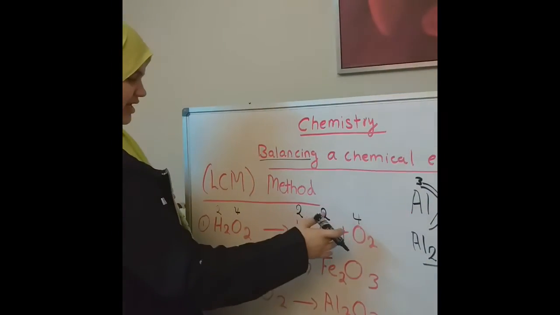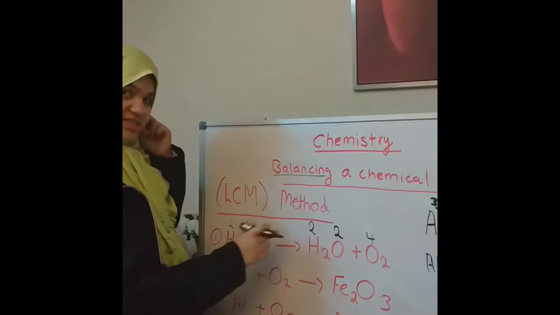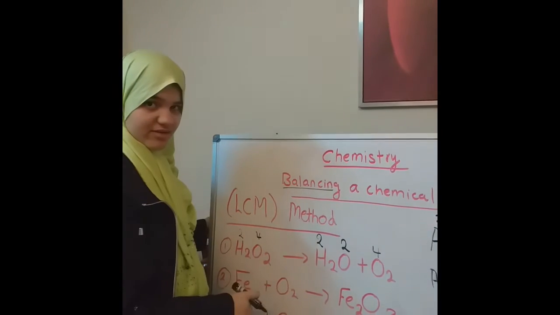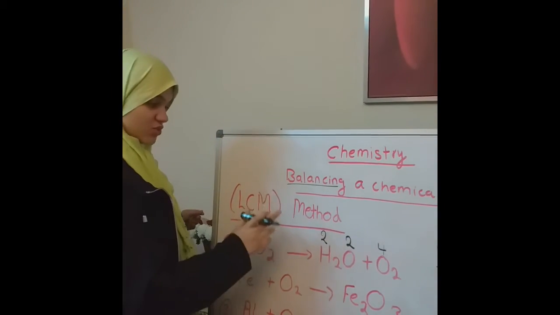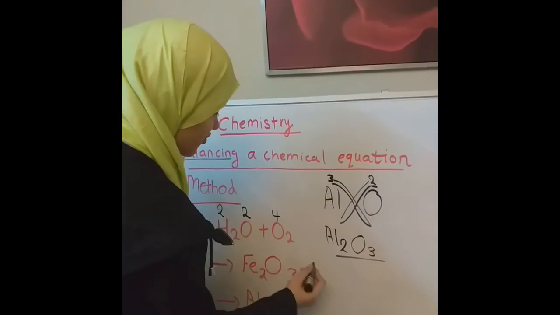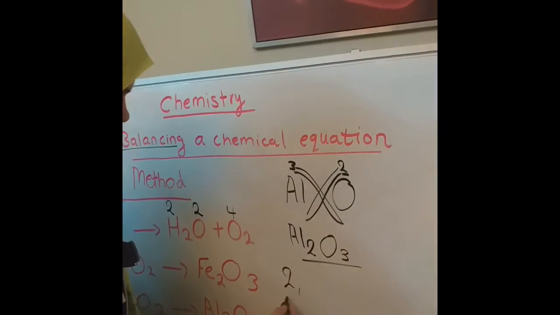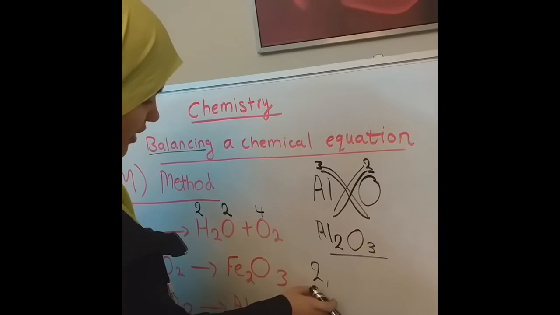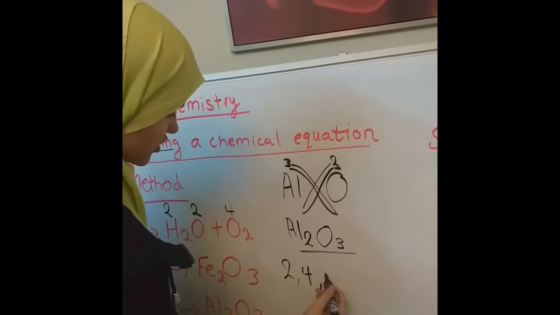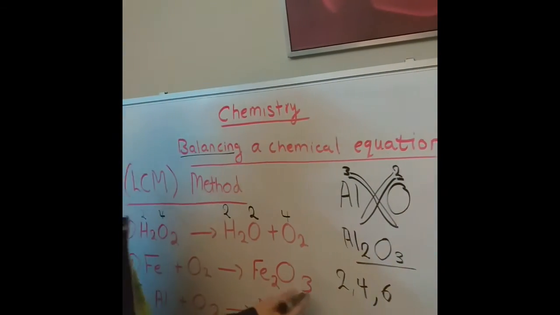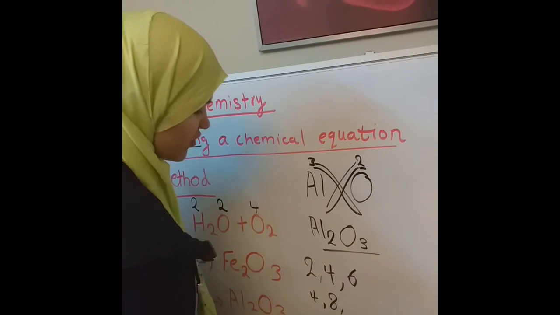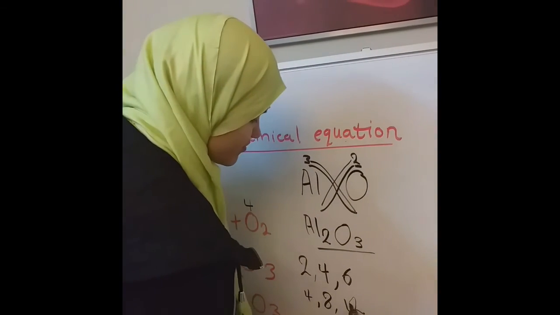What is the relationship between them? Can we find the LCM of 2 and 4? Let us see the LCM of 2 and 4. 2 times 1 is 2, 2 times 2 is 4, 2 times 3 is 6. 4 times 1 is 4, 4 times 2 is 8, 4 times 3 is 12.